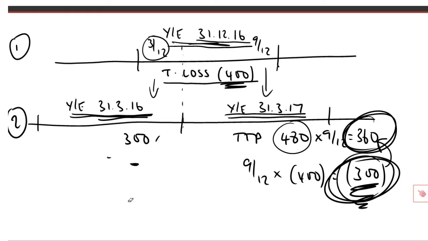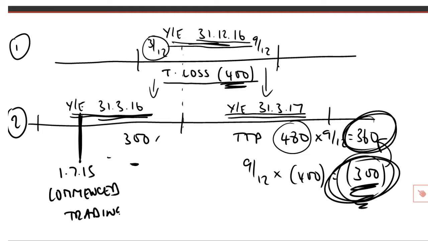What I'm now going to suggest is that the profit-making company that prepares accounts to 31st of March 17, if I now told you that at this date, the 1st of July 15, it commenced trading.